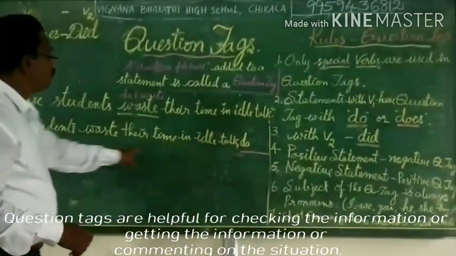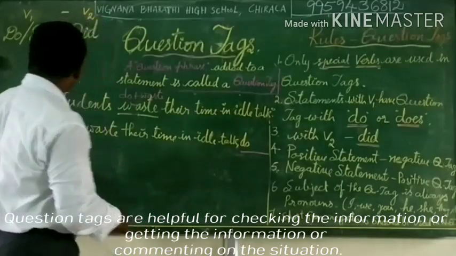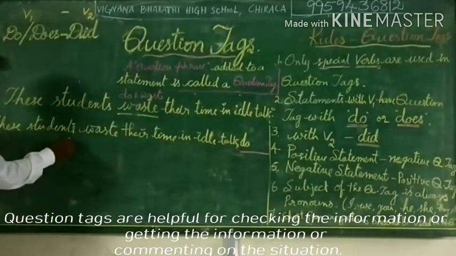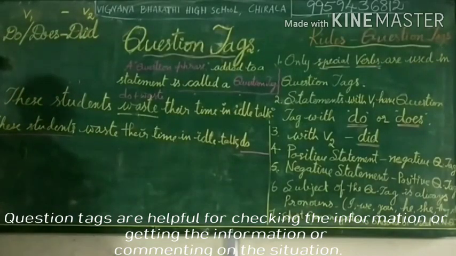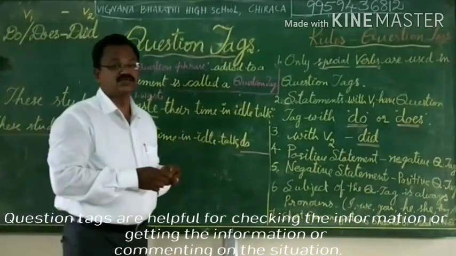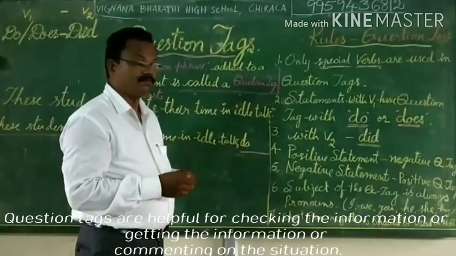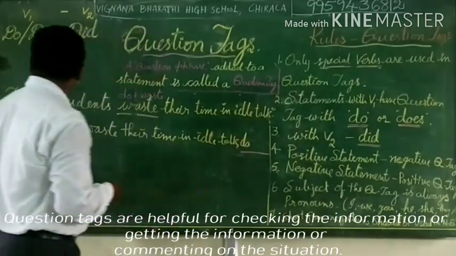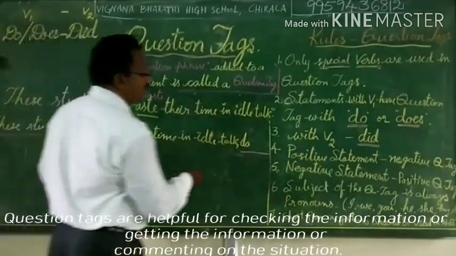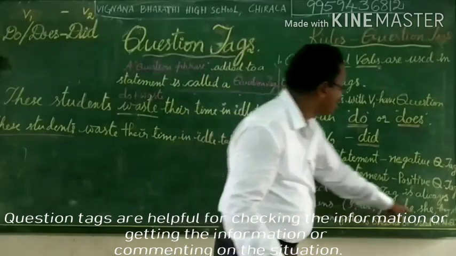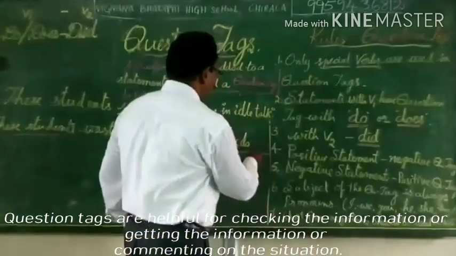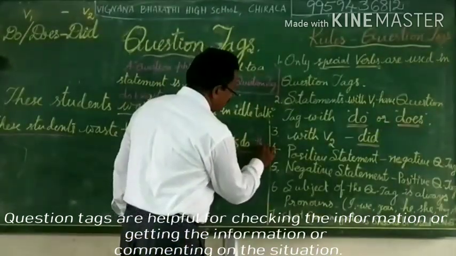Here this is a positive statement. That is one. One another subject: these students. Already that is a plural form, so that is why we have to use they. Do they?